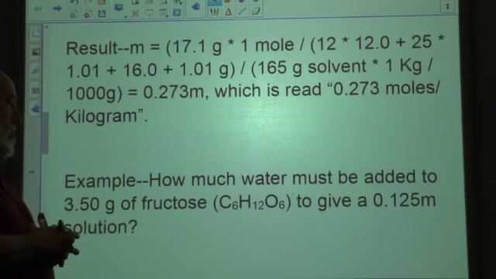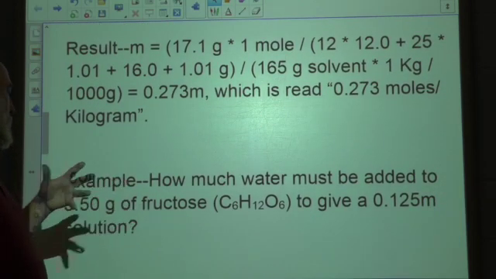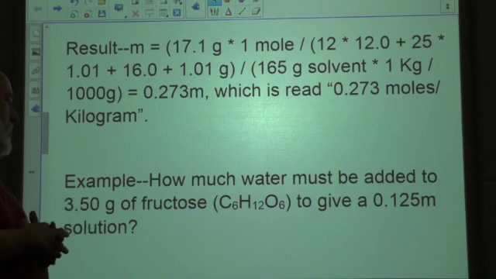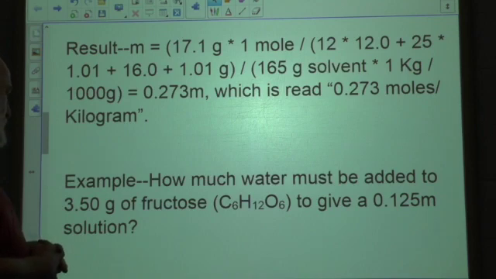Okay, here's another example. How much water must be added to 3.5 grams of fructose to give a 0.125 mole per kilogram solution?